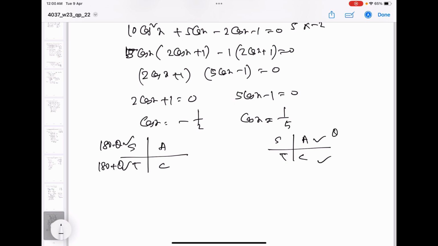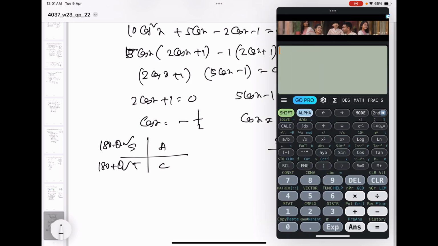So that is theta, and this is 360 degrees minus theta. So cos inverse of half, cos inverse 0.5 is 60. So we can write x equals 180 degrees minus 60, 180 degrees plus 60. So 180 minus 60 is 120 degrees, and this is 240 degrees.